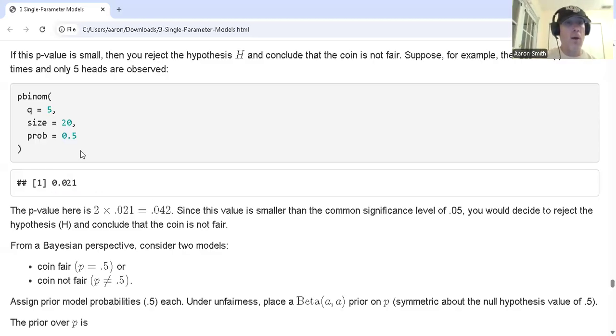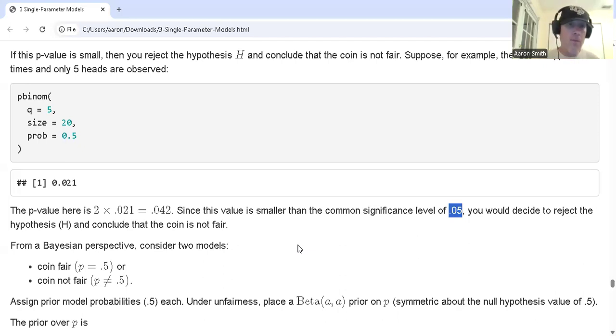And now this is the one-sided probability. If I'm doing a two-sided test, then it goes up to 0.04, which is still below the 0.05. So same conclusion, whether I'm doing a one-sided or a two-sided test. Since the value is smaller than the common significance level of 0.05, we would decide to reject the null hypothesis and conclude that the coin is not fair.